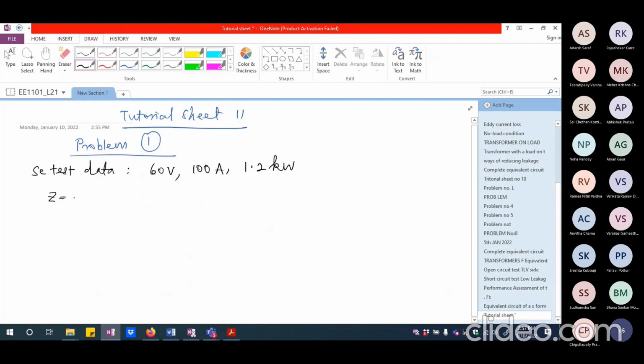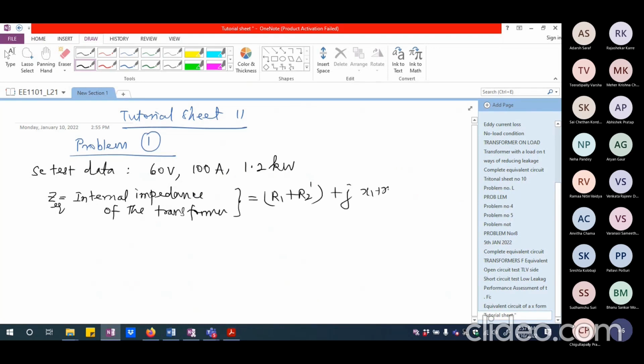So Z, the internal impedance of the transformer, which I may call Z equivalent from the primary side, is going to be equal to R1 plus R2 dash plus j multiplied by X1 plus X2 dash, which I can write as R equivalent plus j X equivalent.